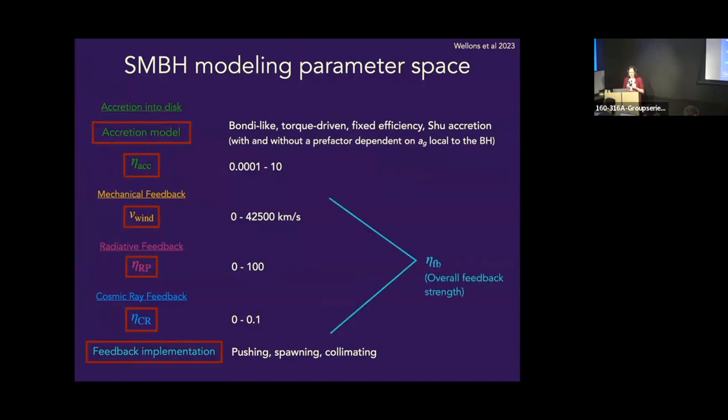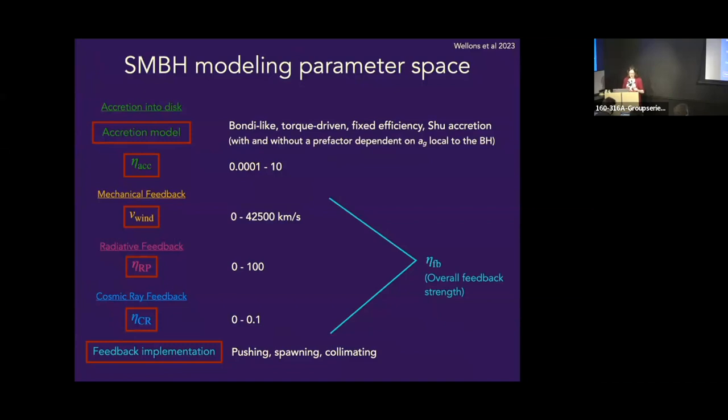I'm, for brevity's sake, going to wrap that into a single eta feedback, although there are, of course, differences between the different channels. And as Kuni alluded to earlier, we do kind of find that cosmic ray feedback tends to be the most effective. And a lot of our most well-behaved models are, in fact, dominated by the cosmic ray feedback. But you can achieve quenching with these other mechanisms as well.